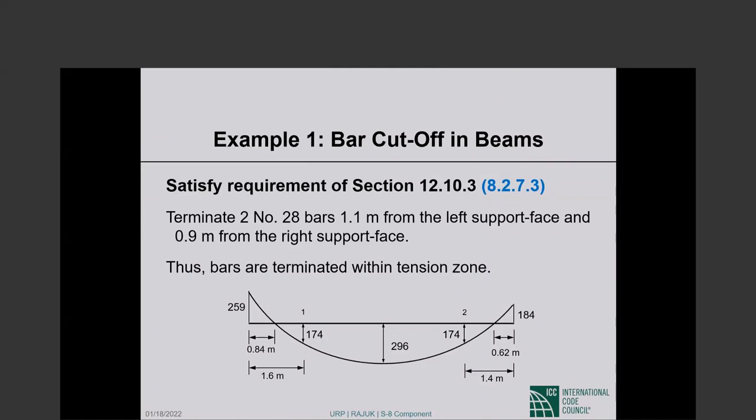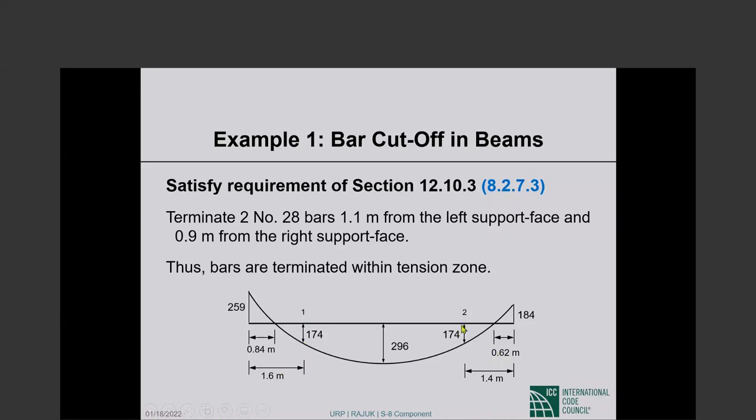So this is 1.6 meters. If you take away the 0.484, basically 0.5. Theoretically, the bars can be cut off here, but they need to go another half a meter. So that will give you termination point 1.1 meters from the left support.